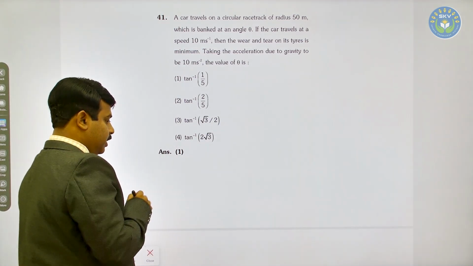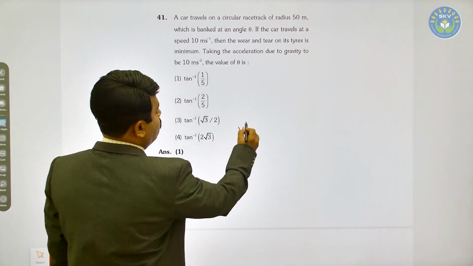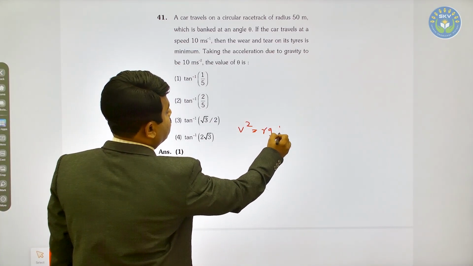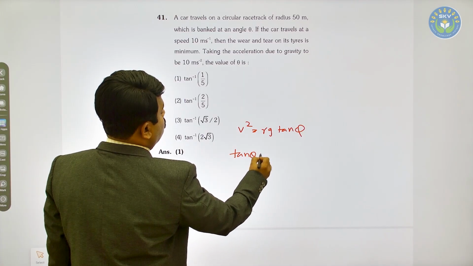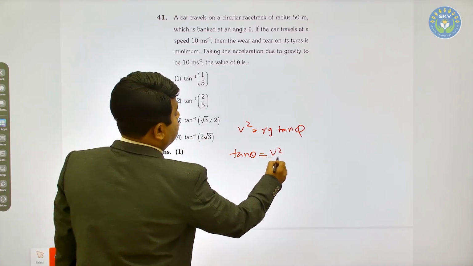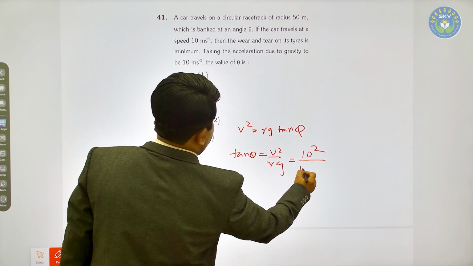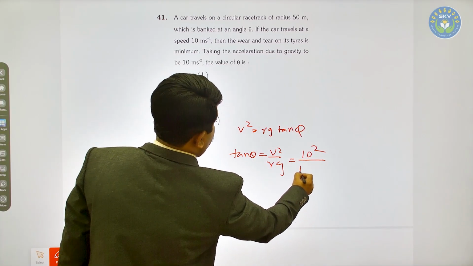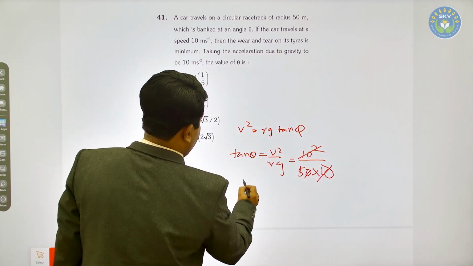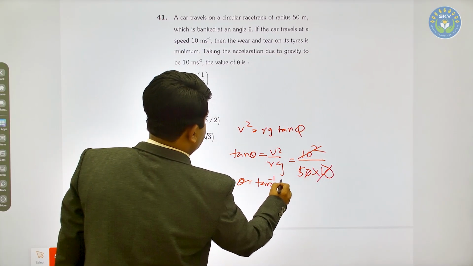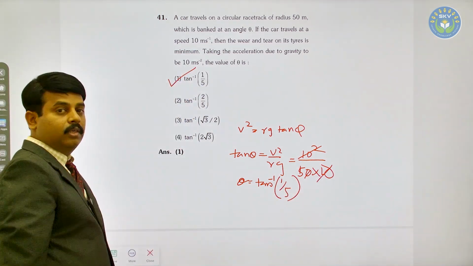If friction is not there, then v square is equal to rg tan theta. Then tan theta is equal to v square by rg. Velocity is 10 square, r is given as 50 meter, and g is again 10, so this cancels. Theta is equal to tan inverse 1 by 5. Option 1 is correct. Right?